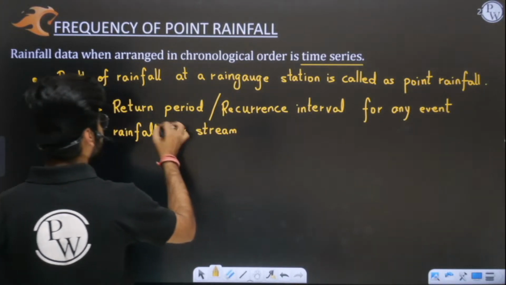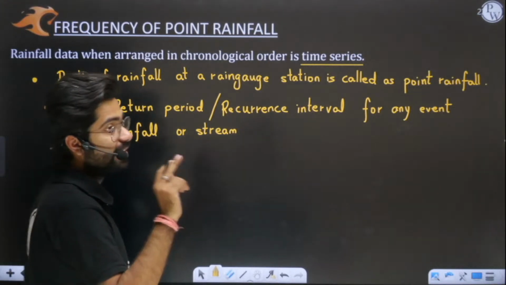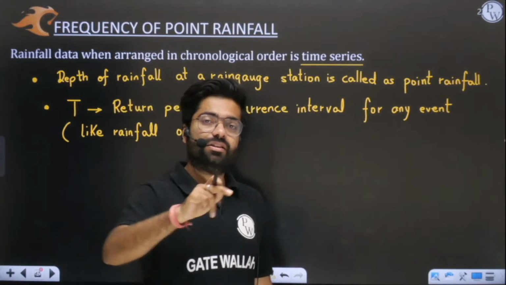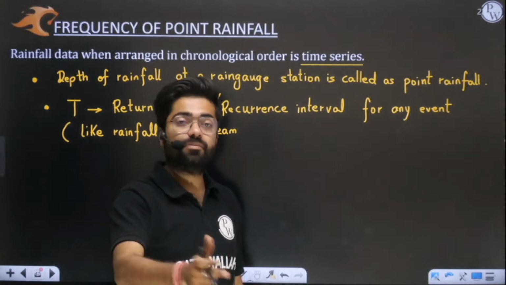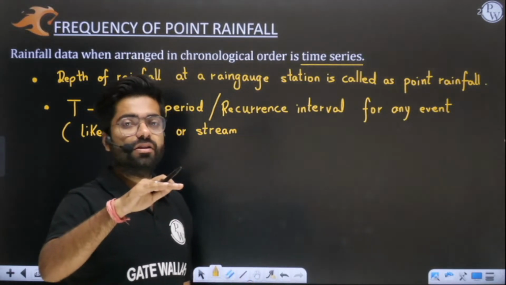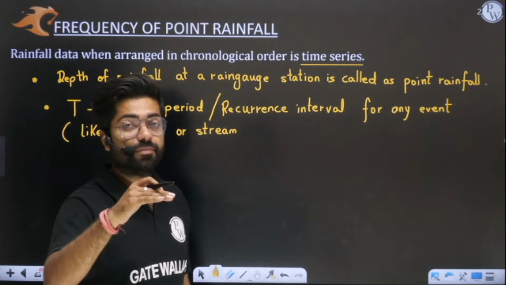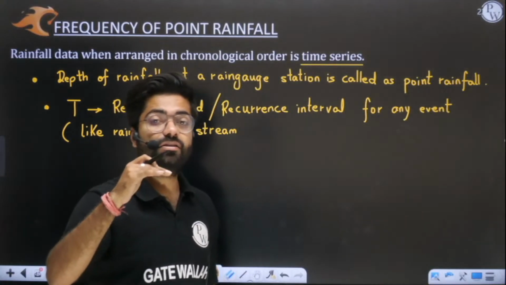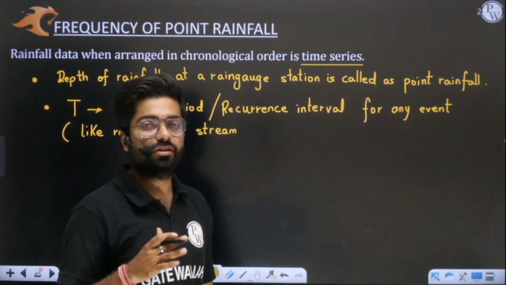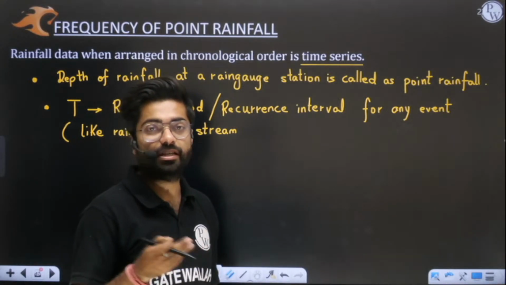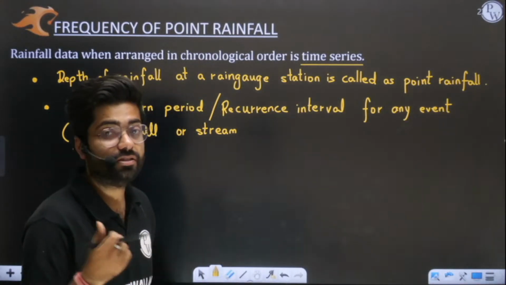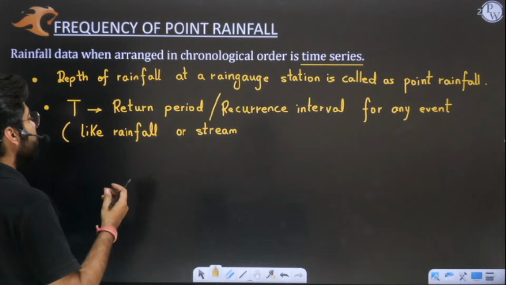Why? Because whenever rainfall is more, in that season you will see floods occur. Flood means stream flows take a sharp rise. In the streams and rivers, you will see that flow is very high. That is your flood condition.